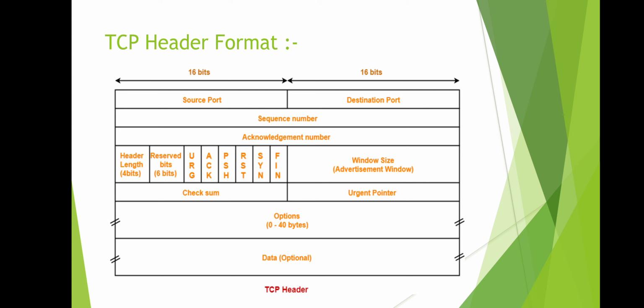It is a 32-bit field, and it is used for ordering the sequence of bytes, and the acknowledgement number, it is a 32-bit field, and in that field the number of the next expected byte or acknowledgement will be there. And next is the header length.